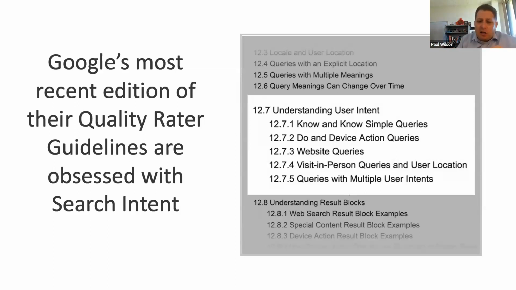And you can see a whole section of what they call user intent. And user intent has a lot of meanings. So this is why in the SEO industry, we say search intent, but it's the same thing. This whole section is, okay, you need to understand what is the intent of the content that is being served and is it matching the query?